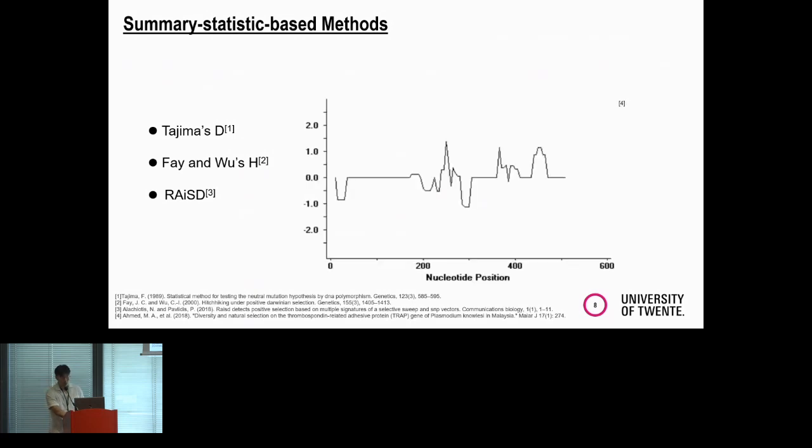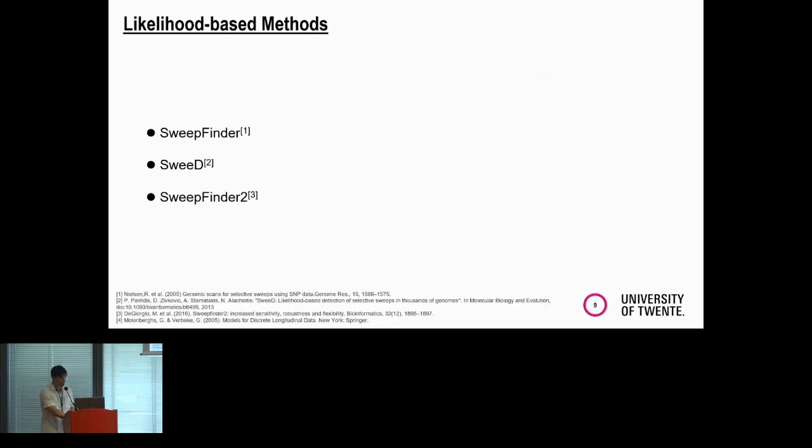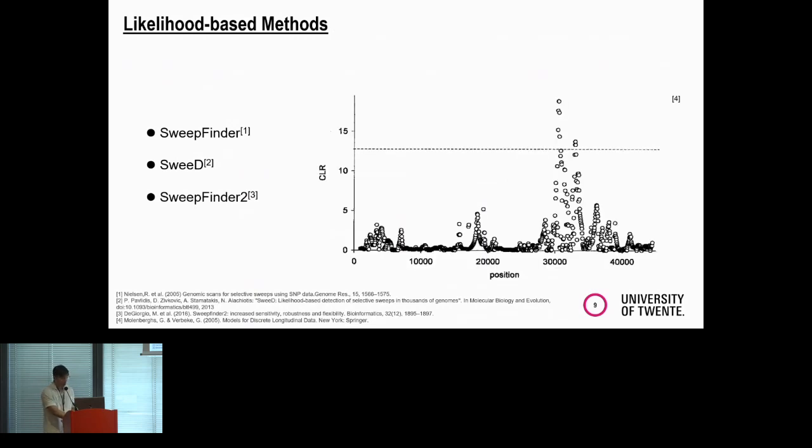They calculate the summary statistic along the genome, the nucleotide positions, and based on this summary statistic, they find the candidate region. More advanced methods are likelihood-based methods, like SweepFinder, SweeD, and SweepFinder2. They calculate certain observations of the summary statistic, and by giving a threshold, they find the selective sweep regions.